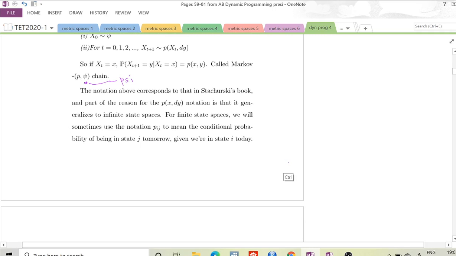So the reason Stokey uses the P(x, dy) notation is that it makes for a smooth transition to infinite state spaces.